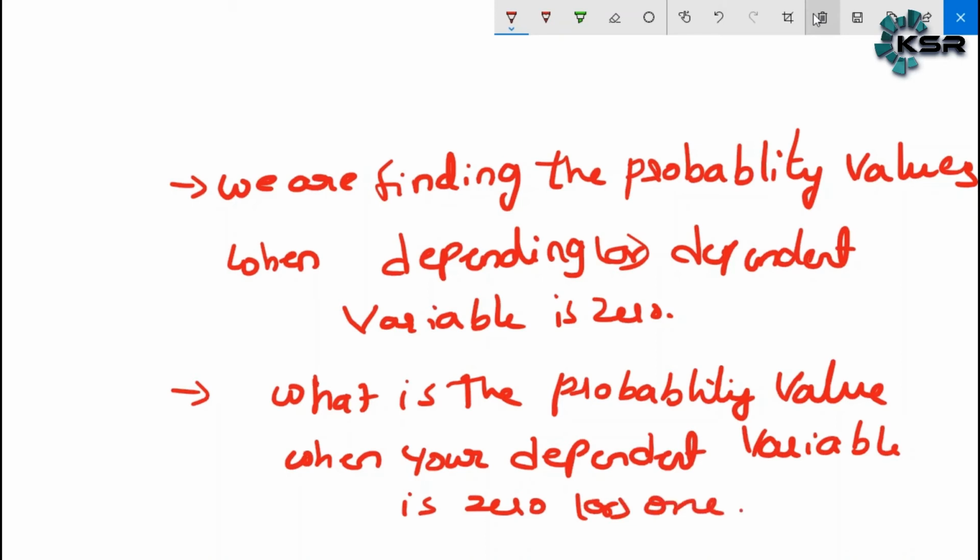So okay, your dependent variable is 0 or 1. Let me go back to the distributions now. If you want to use logistic regression, your dependent variable should be a binary variable.